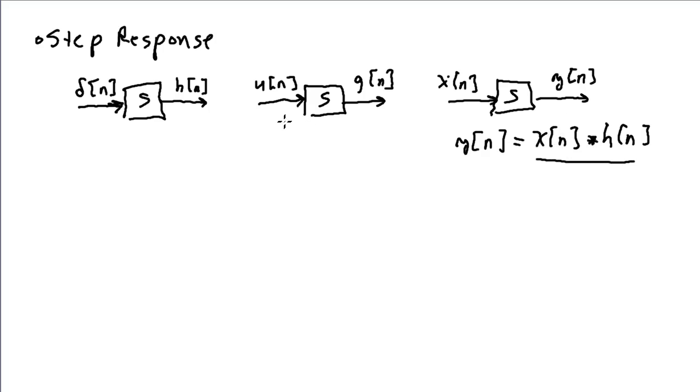This is a special case where we've applied a unit step, and again we can find the output for any input by convolving that input, in this case the unit step, with the impulse response of the system. And this is why we place so much importance on the impulse response. We can use it to find the output due to any input.